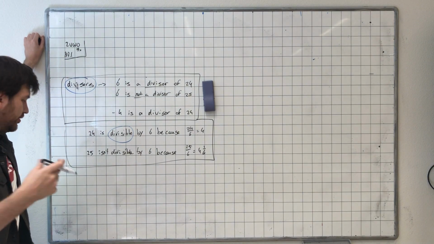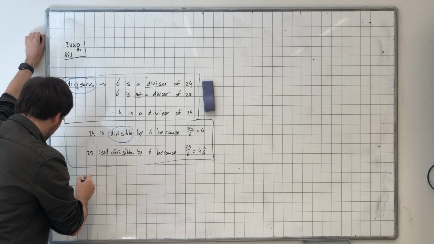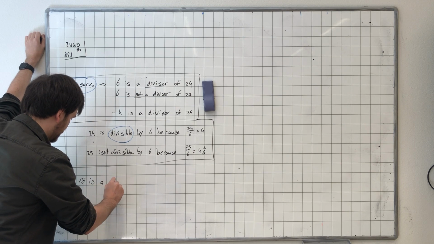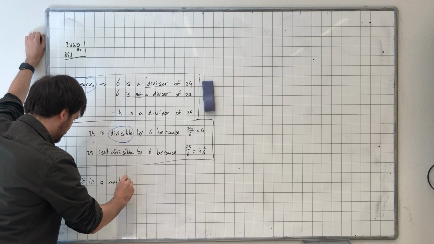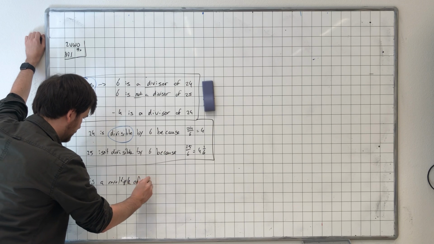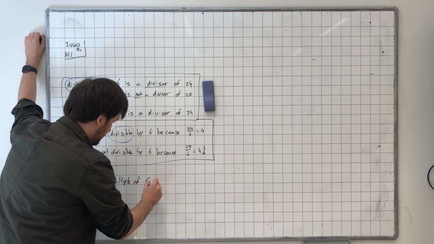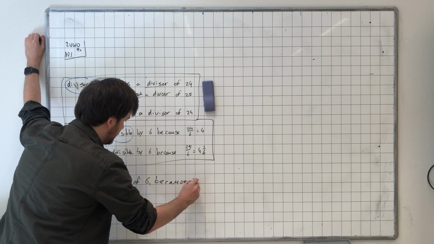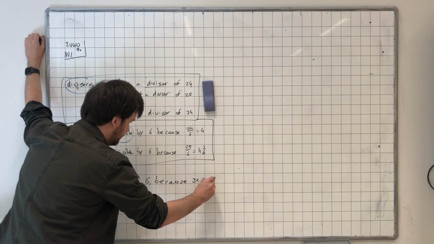We're going to look at the multiples of 6. 18 is a multiple of 6, because 3 times 6 is 18.